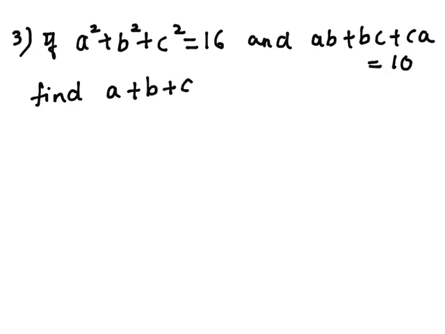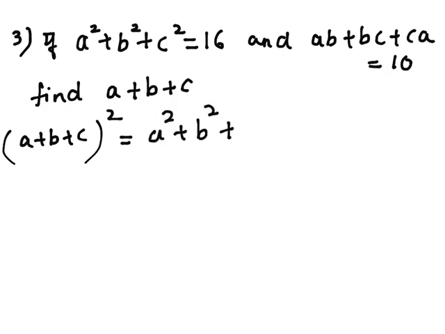So clearly here we are using the identity (a + b + c) whole square. So in the expanded form we can write it a² + b² + c² + 2(ab + bc + ca). So here we have given the values a² + b² + c² is 16 and ab + bc + ca equals 10. So let's put the values.